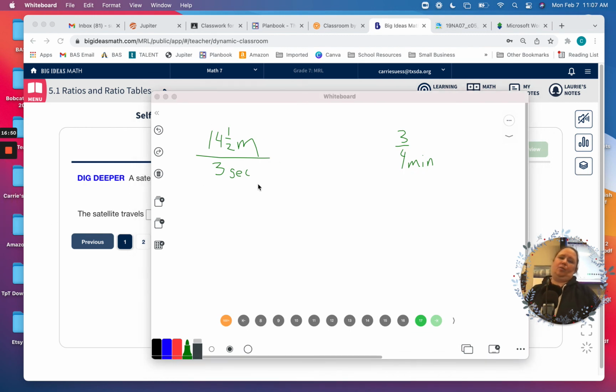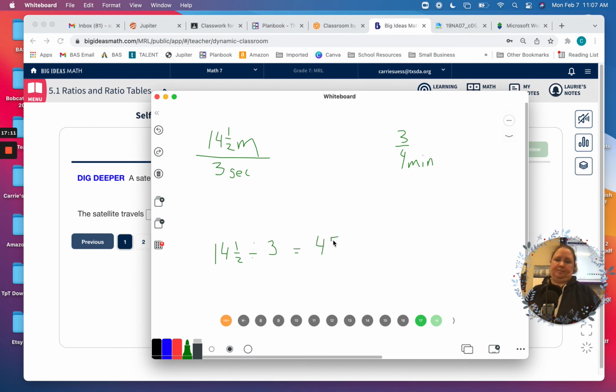Okay, so we need to reduce this fraction or find the unit value. Divide 14 and a half by 3. What'd you get? 4 and 5/6. That's how many miles it's going per second.